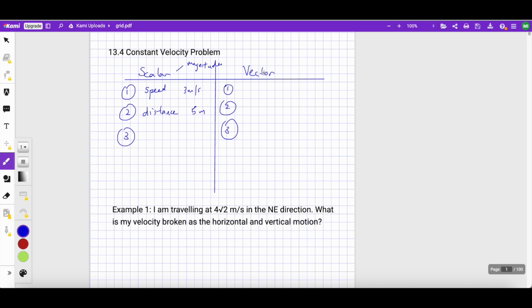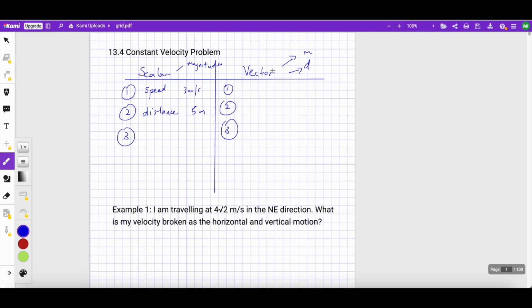Now, a vector is a bit different. It has both magnitude and direction. Direction is very important because it tells you where the quantity is actually exerted towards. Sometimes we talk about forward direction, upward direction, 45 degrees to the east or 45 degrees to the west.